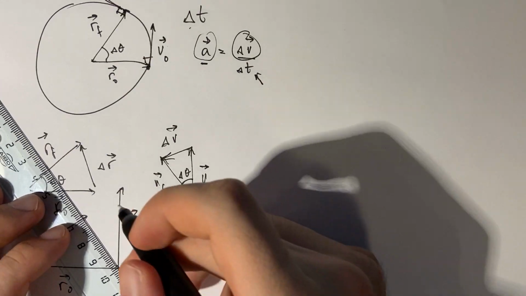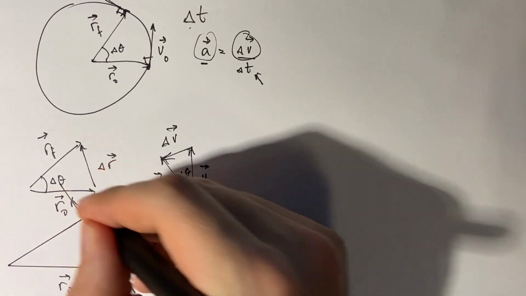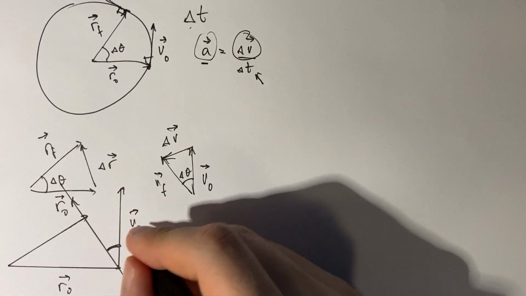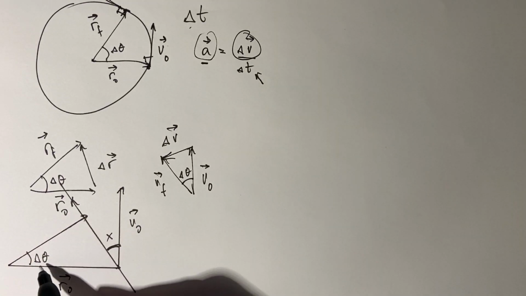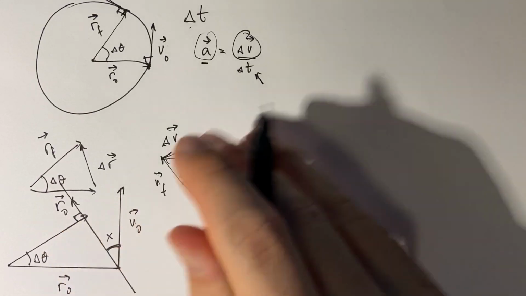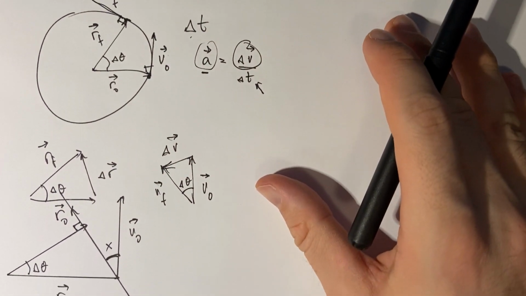Here, velocity vector, we can extend it like this, so we're interested in this angle. We can call it x, because we know that this angle is delta theta, so we need to prove that delta theta is x, of course. And this is 90 degrees because we've said, remember, that they're always perpendicular to each other.